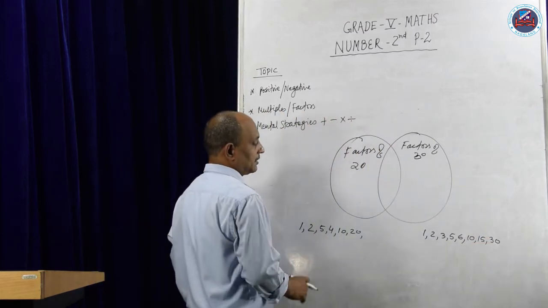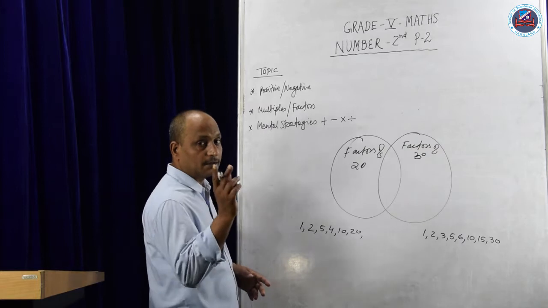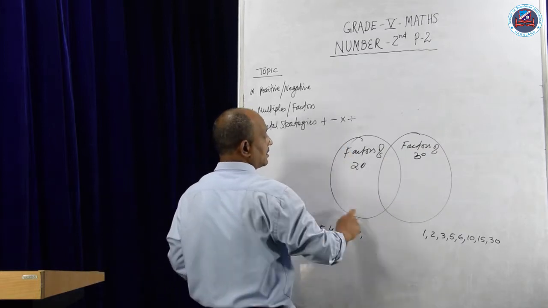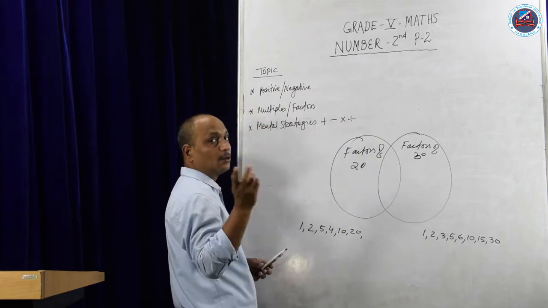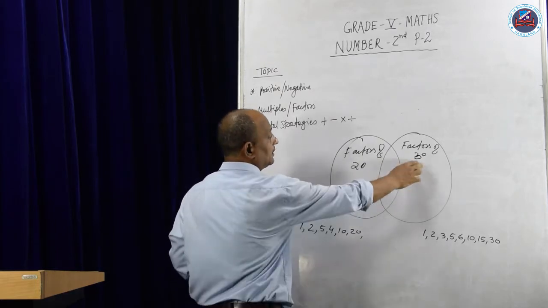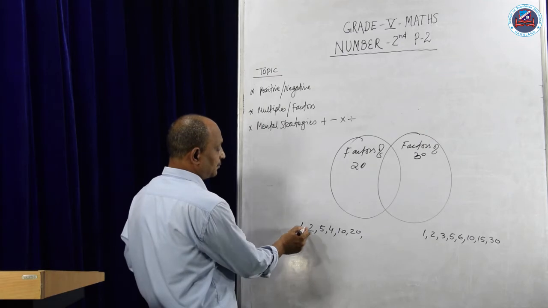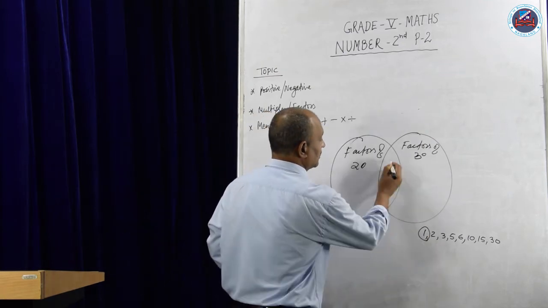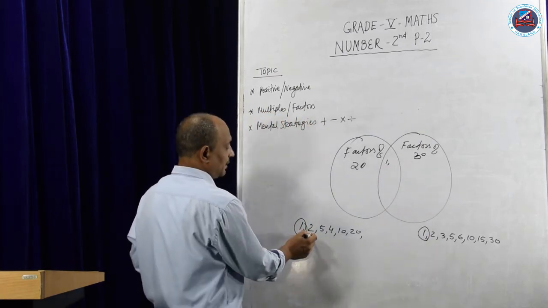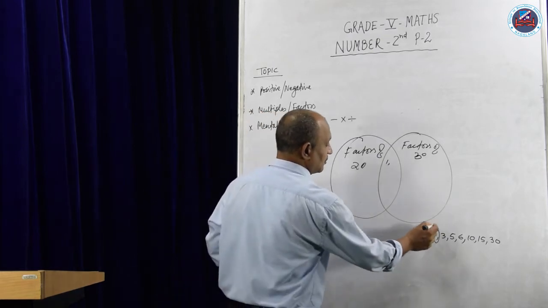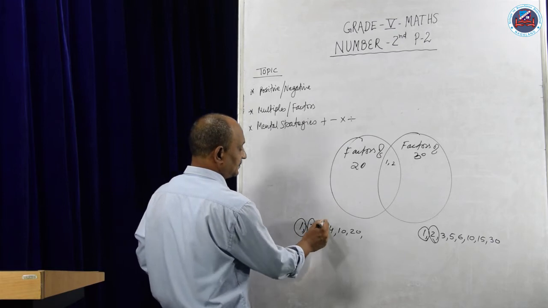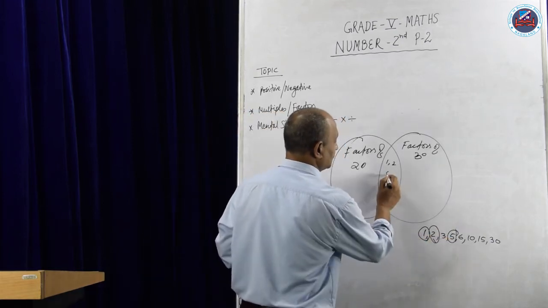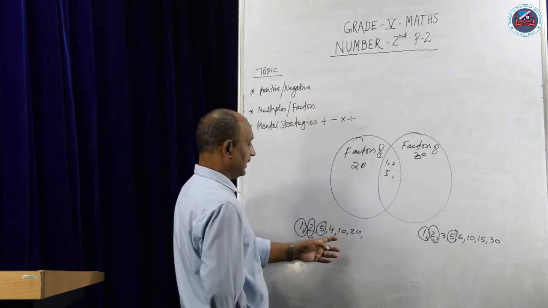Let us write all these numbers. What does a Venn diagram mean? The space between these two circles holds the common factors of 20 and 30. The common factor of 20 and 30 is 1, so let us write 1. 2 is also a common factor, so let us write 2. Then 5, and then 10.